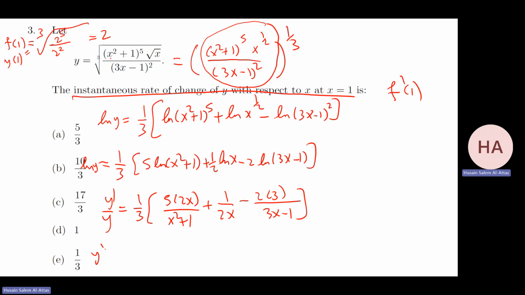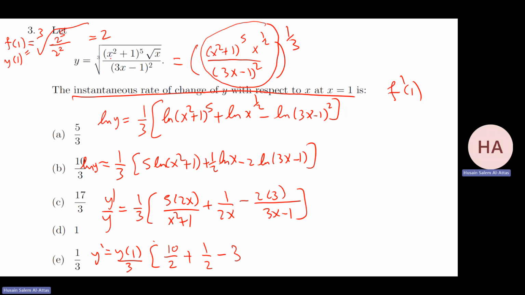So y prime will be y at 1 over 3 times what? At 1, I have 10 over 2, plus half, minus 3.